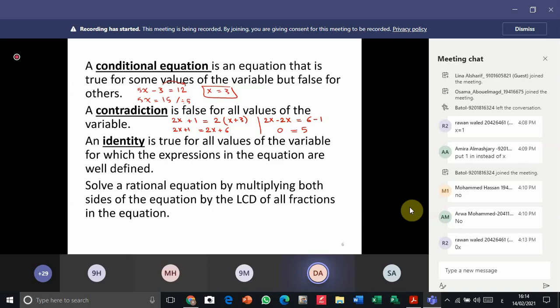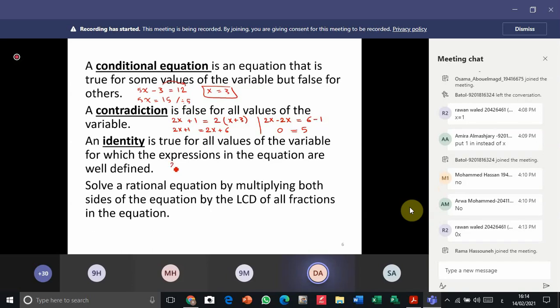Identity equation: any value we put in the equation, this is correct. For example, if we have 2x plus 2 equal 2x plus 2, this is an identity.